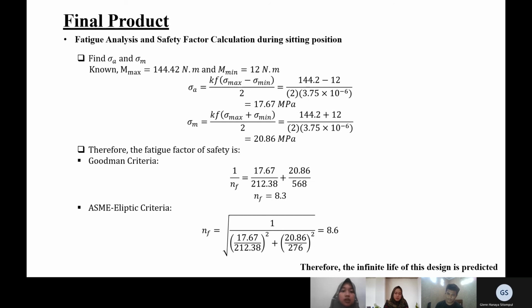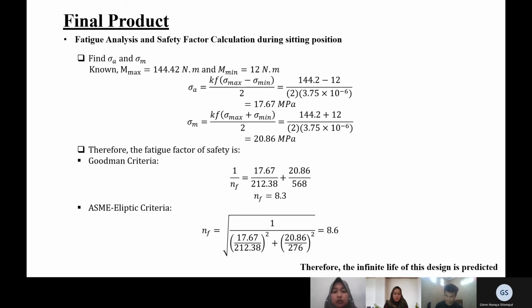And for the sigma A and sigma M, we can find them by substituting the moment max and moment minimum into the equation, and we get the sigma A is equal to 17.67 megapascal, and the sigma M is equal to 20.86 megapascal. Therefore, the fatigue factor of safety, we determine it by using the Goodman criteria and ASME elliptic criteria.